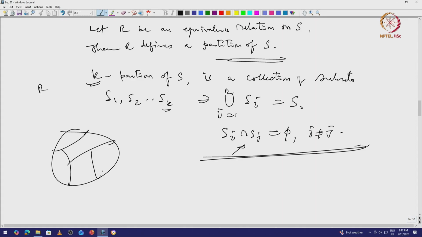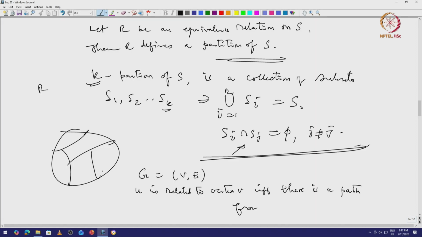Now, consider a graph G with vertex set V and edge set E. Say a vertex U is related to vertex V if and only if there is a path from U to V. There is a relation.